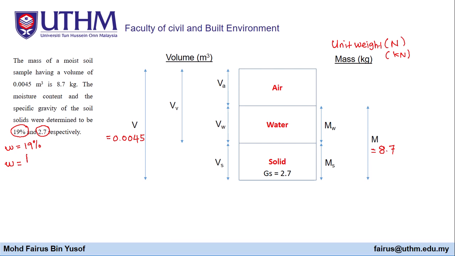So W equals Mw divided by Ms, equal to 19%. We cannot use the value 19 because the value is in percent, so we have to divide it by 100. So we get the value 0.19. So W equal to Mw over Ms equal to 0.19.